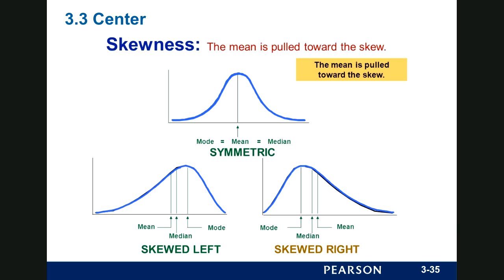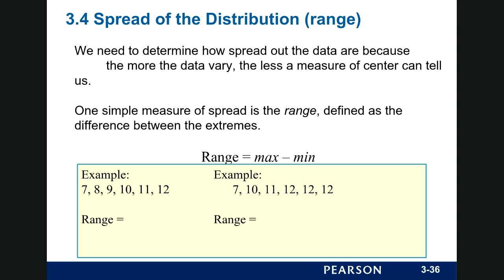Okay, so now let's switch to spread. We finished everything with center. Now let's talk about spread. And spread includes range, interquartile range, variance, and standard deviation. So this is starting with range. So when I say spread of the distribution, I'm talking about variability, right?